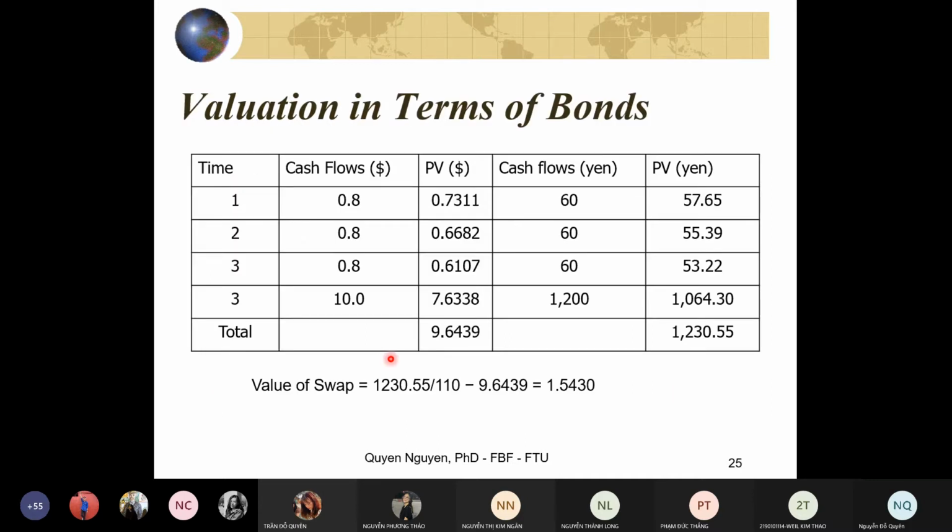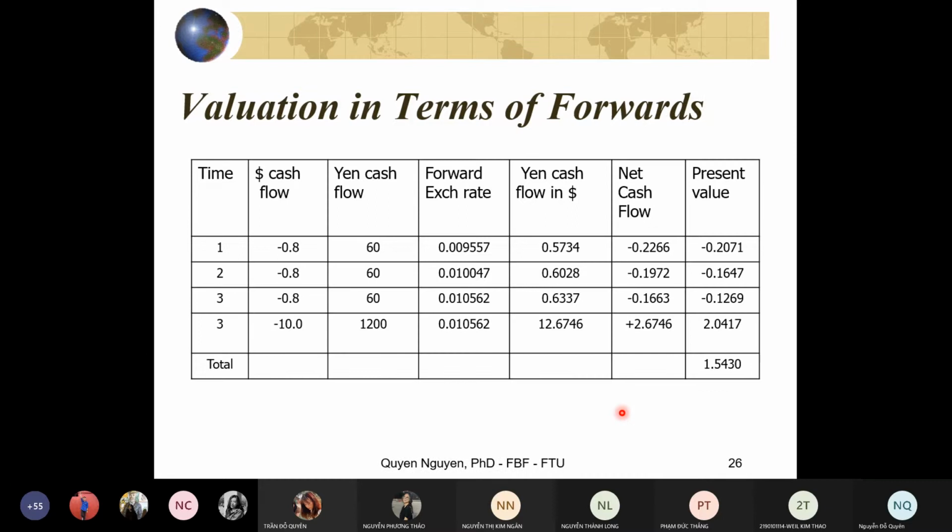And then we minus the cash flow that we have for US dollars. Then we get the value of the swap. This is for your reference. You can read it further in the book, but it is not required in the examination.